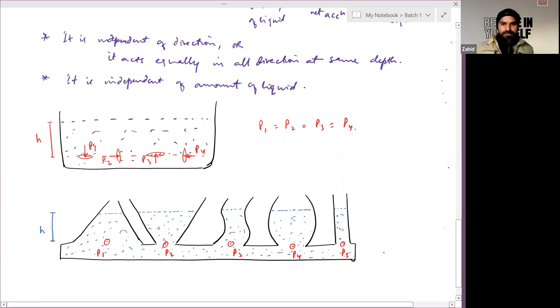Salman, just tell me, which of these vessels would contain the maximum amount of liquid? First, second, third, fourth, fifth. Hiba, just tell me.